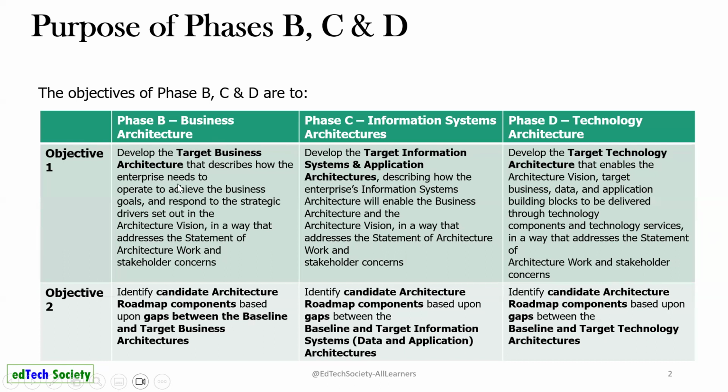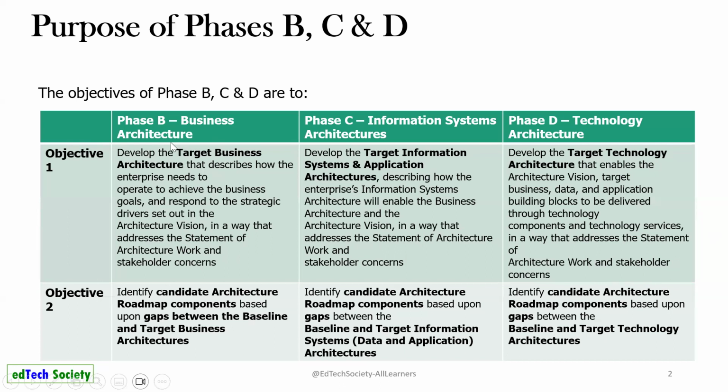Objective one is developing the target architecture that describes how the enterprise needs to operate to achieve the business goals and respond to the strategic drivers set out in the architecture vision, in a way that addresses the statement of architecture work and stakeholders' concerns.